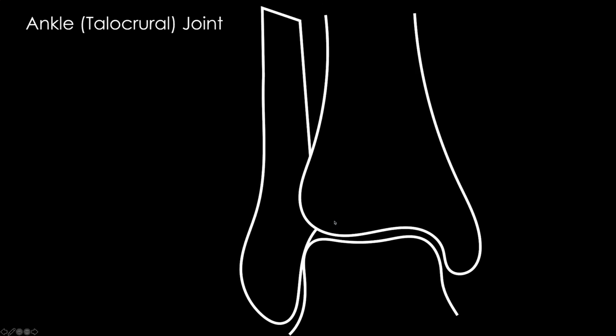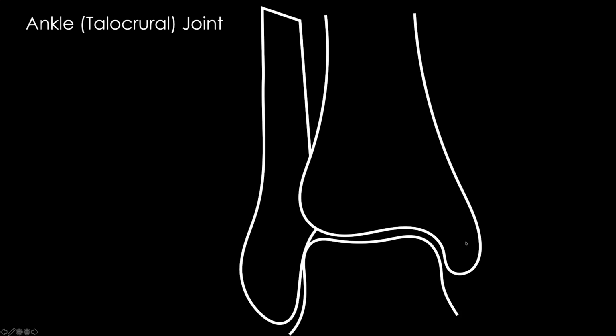To understand this joint, these are the bones which are articulating with each other. As we said, this is a synovial joint and hinge type. And these articulating surfaces, what are these? The upper surface of my talus bone, and we can see that this is contributed medially by the lower part of my tibia and laterally by the lower part of my fibula bone.